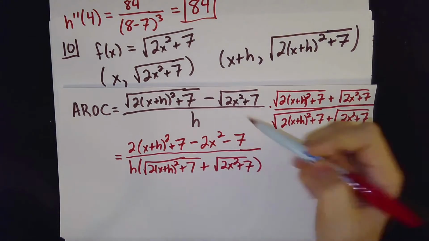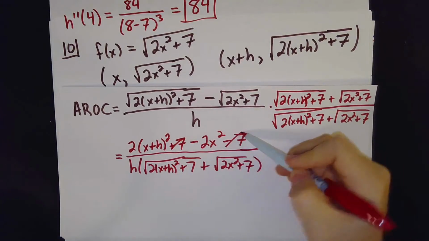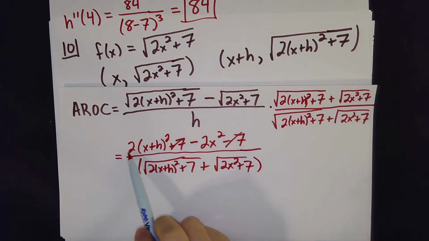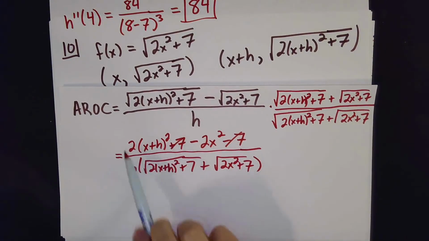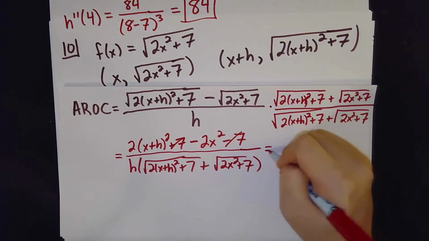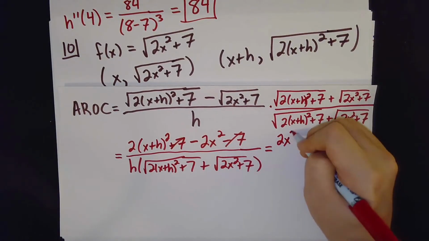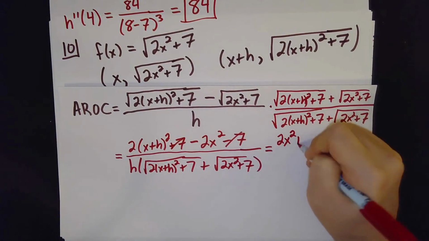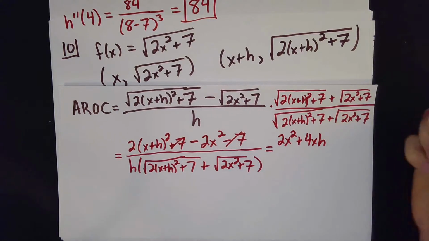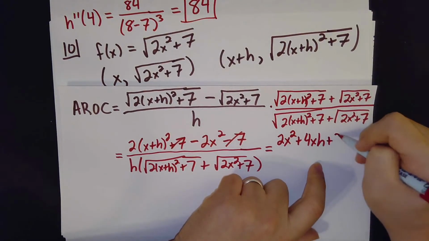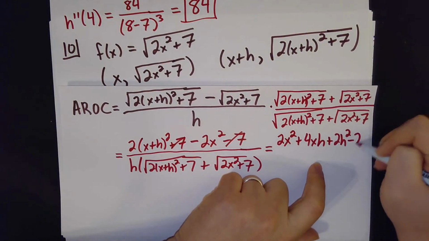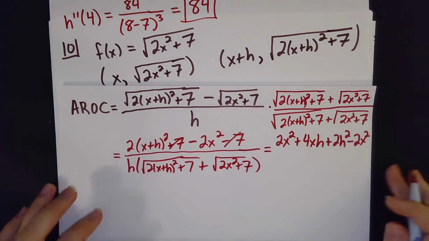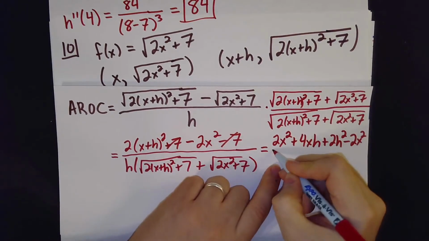The plus 7 and minus 7 are going to cancel. And I'm going to have to FOIL out this (2x plus h) squared piece. Which when I do is going to give me this.